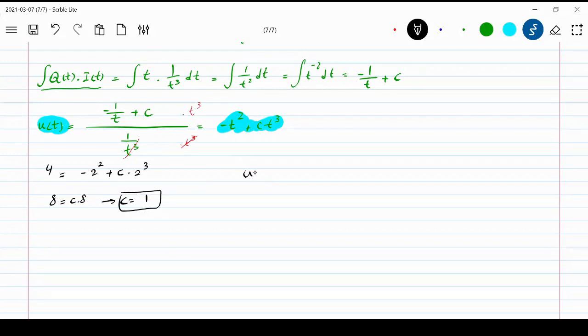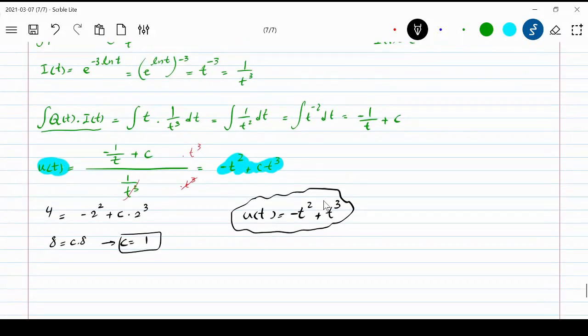This tells me that u of t must equal negative t squared plus, instead of c, I can replace it with 1, t cubed. And this is our particular solution to the equation. There is no constant c involved anymore.